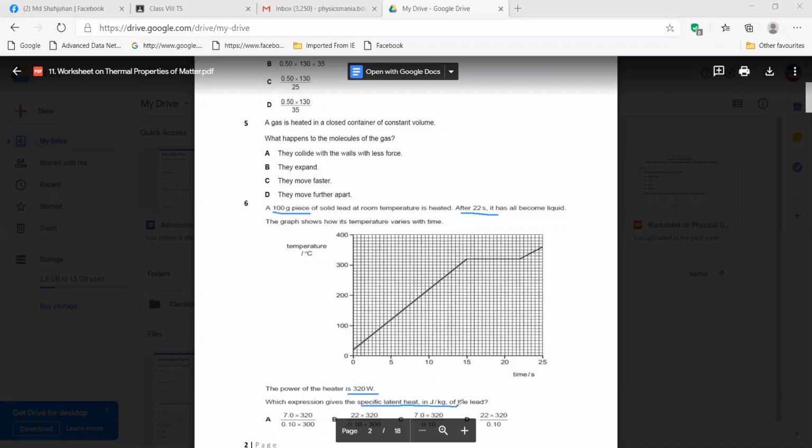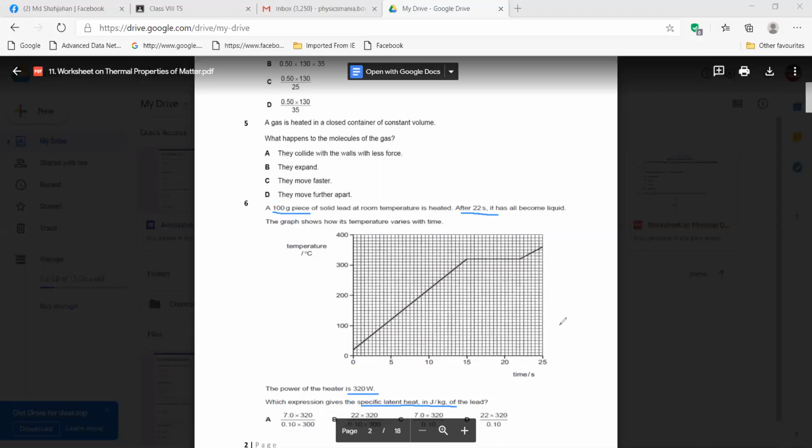So latent heat, what is the formula for latent heat? Latent heat has one formula, and it also has one definition. Specific latent heat is the thermal energy by mass.